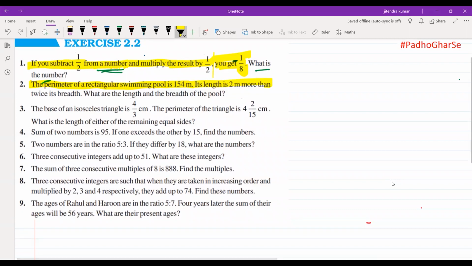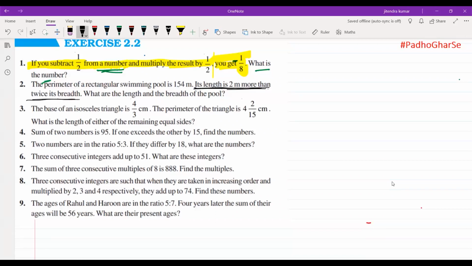We need length and breadth, two things, in the case of a rectangle. We will start with the second line, as we need length and breadth. The second line says the length is 2 meter more than twice its breadth.